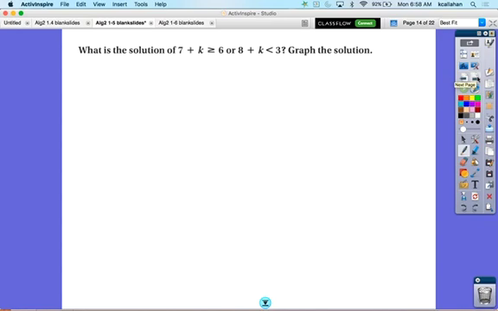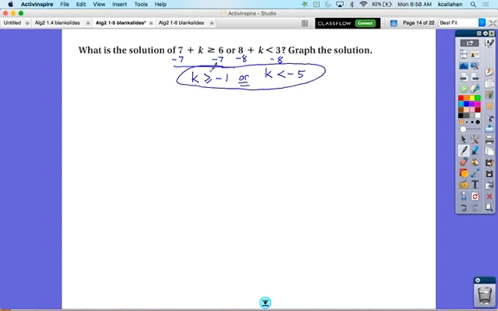Okay, now let's look at an or. Okay, subtract 7. Subtract 8. So again, as a solution, that could be the solution right there, as long as you use the word or. If I put it on a number line, I need to have -1 and -5. The -5 should be to the left of -1.